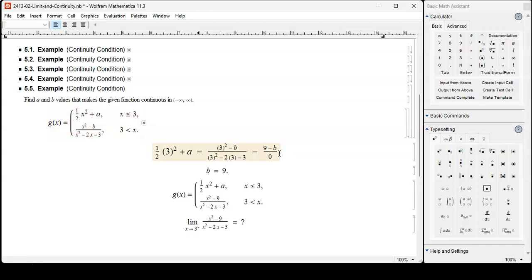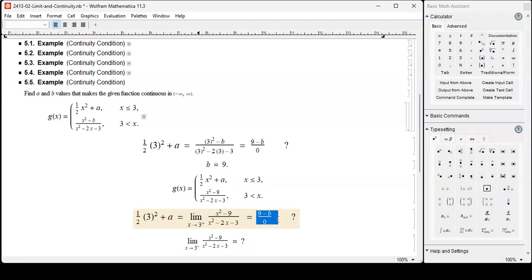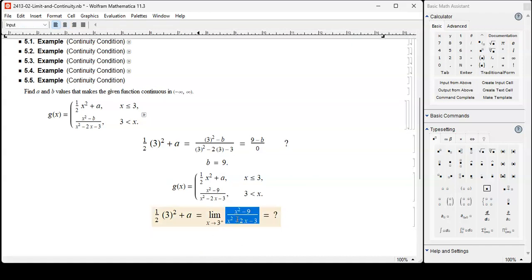So instead of this, which is invalid, if you do this, things will make sense. So what's this limit? You can do this computation, and once you do that, you can find out a value. Good luck.